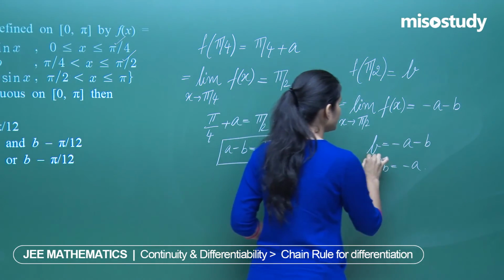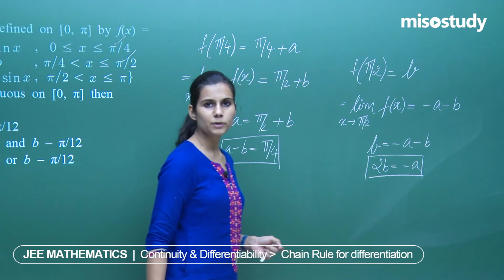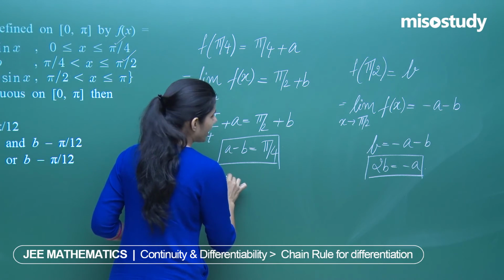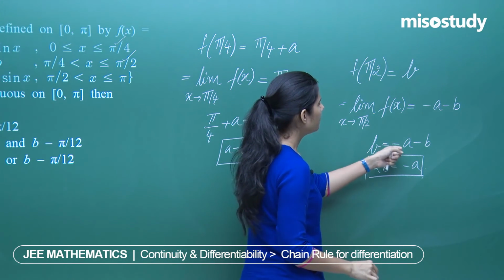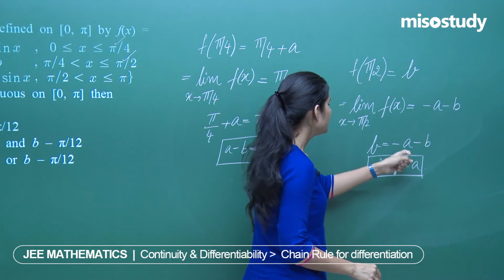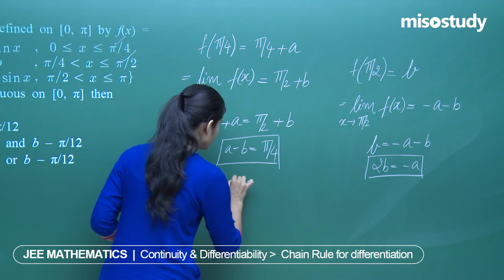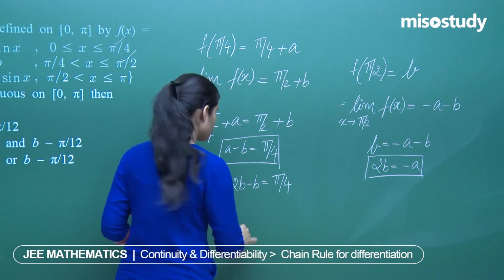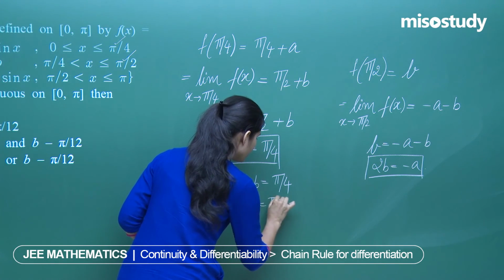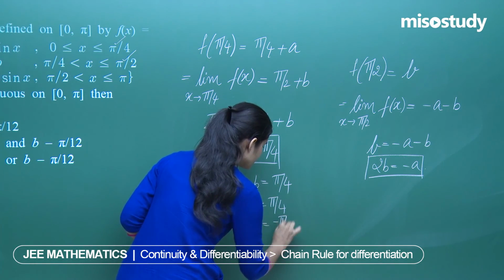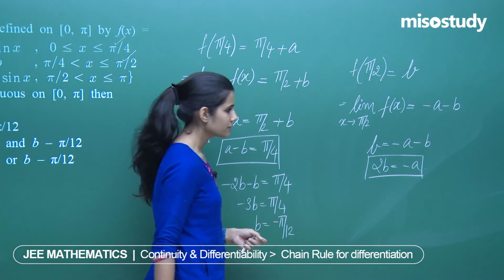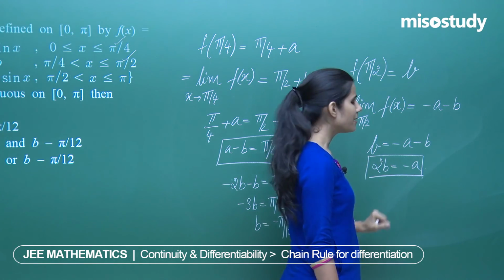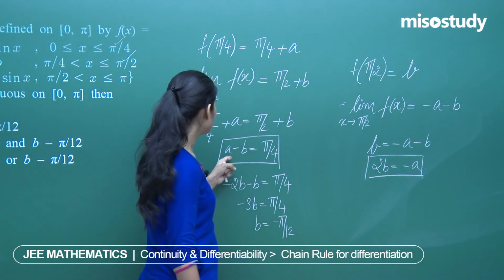See, we have two relations in a and b, so obviously I can compute a and b now. If b = −a − b, I am getting b + b, that is 2b is −a, or a is −2b.